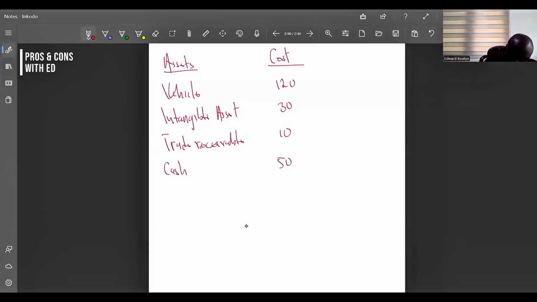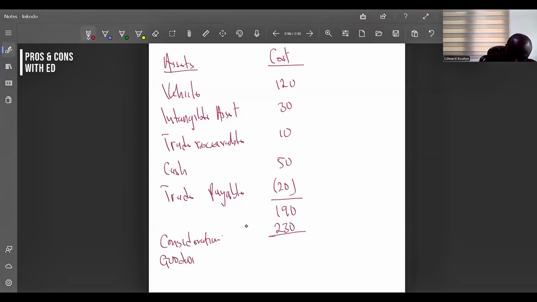And then we are having our trade payable with a liability of 20, giving us the total to be 190. But the consideration is what? 230. So in that case, we will have a goodwill of 40. A goodwill of 40.